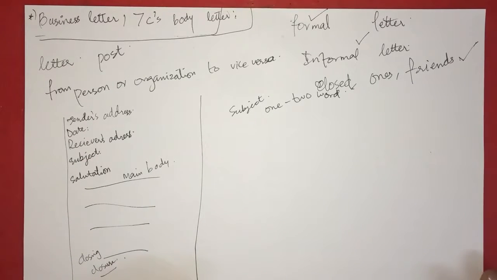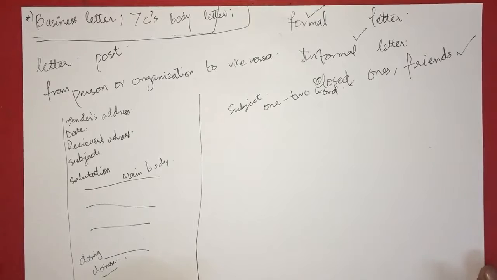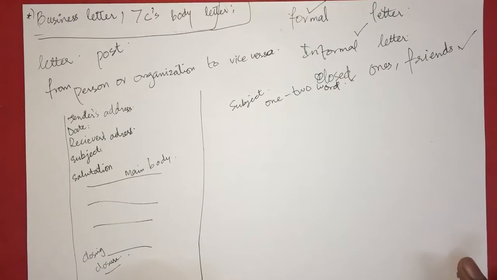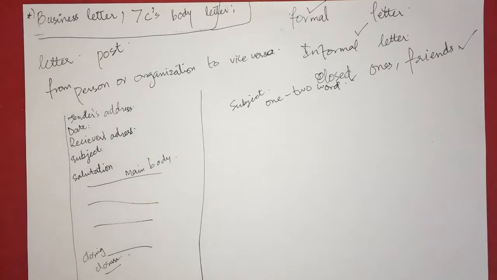A good subject might be helpful for the reader, to know if he is interested in reading your letter or not, so he doesn't have to go through all the letter to find out what this is about. A one or two word subject can easily let him know what this letter is about, or whether he should read the letter or not.